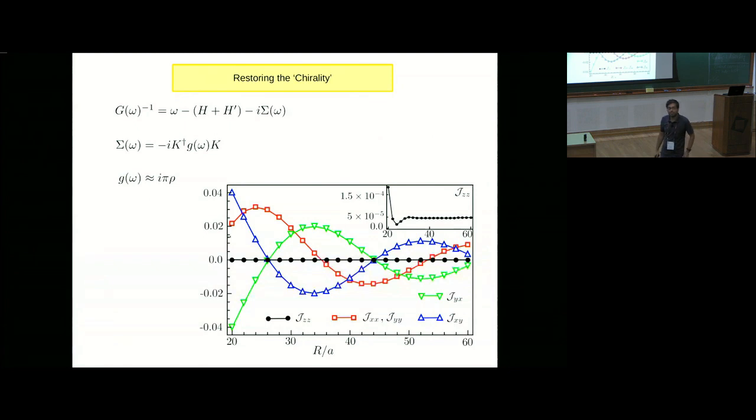I want to ask why there are oscillations in these JXX and XY? Yeah. Okay. So these oscillations are the 2kFR oscillation coming from the Kohn anomaly that Harv was talking about. This is very important in the sense that I forgot to mention one point.